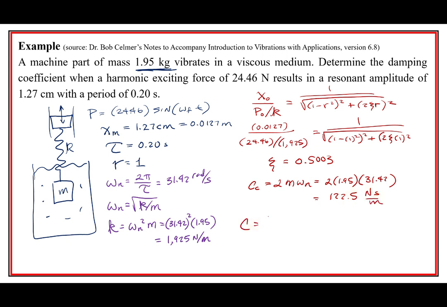So C is squiggle times CC, or 0.5003 times 122.5 equals 61.3 newton seconds per meter. And that was our goal here, to determine the damping coefficient.